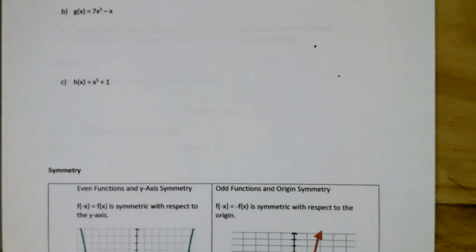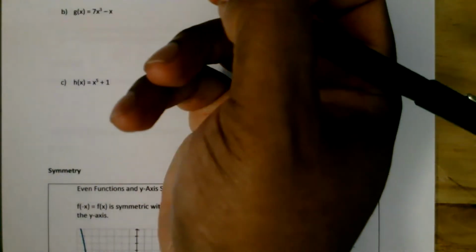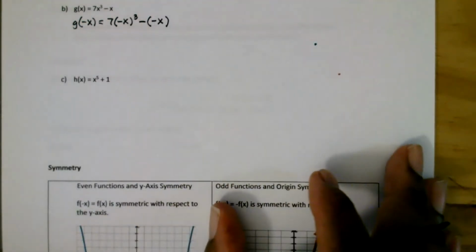All right, here's another example. Let's say here we got g of x is equal to 7x cubed minus x. Well, let's start by substituting each x in g of x with negative x. So this will be 7 times negative x, and that's going to be cubed, minus the x will be replaced with negative x.